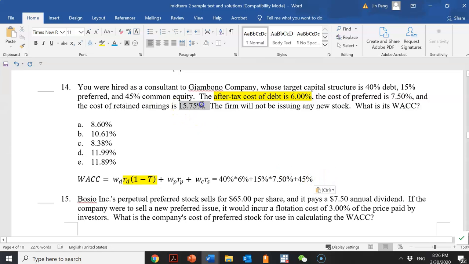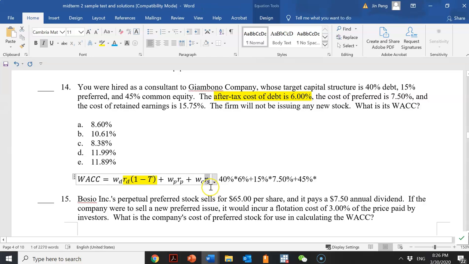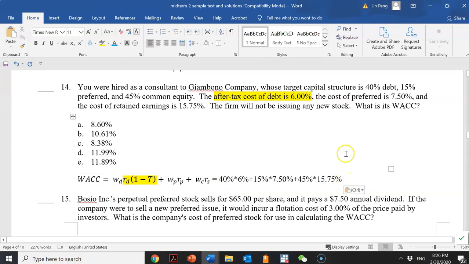And we multiply by the cost of retained earnings, RS, cost of common stock, 15.75%. Okay, and add them up. So we could have 10.61%.